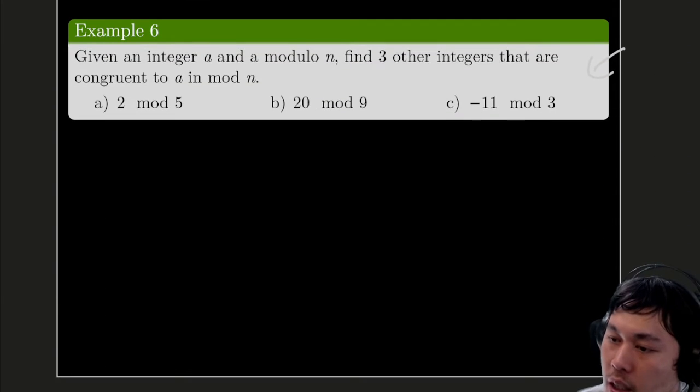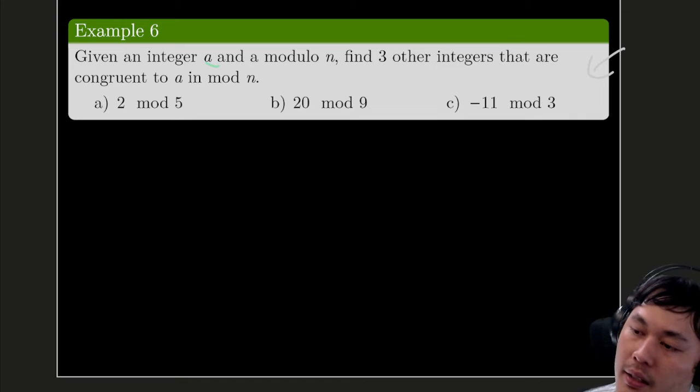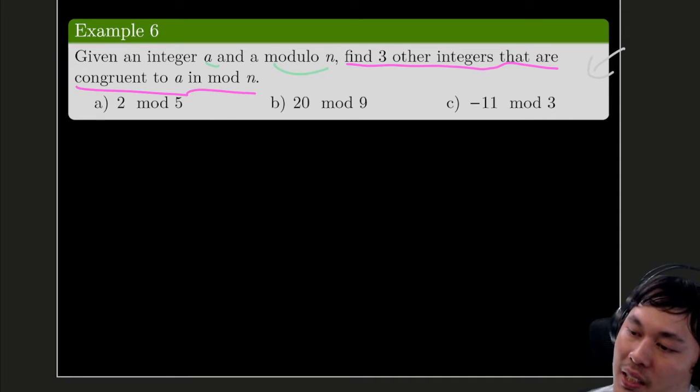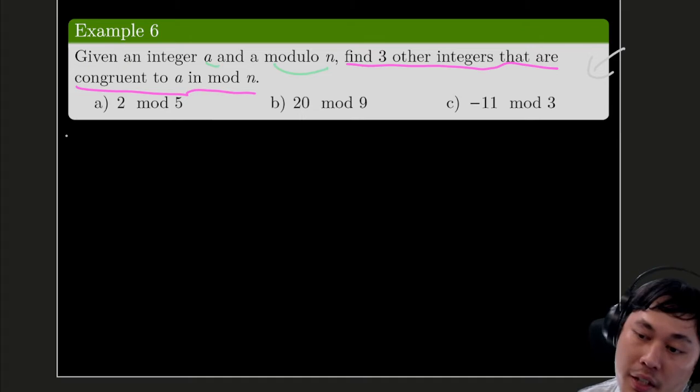So yeah, let's go to some quick examples. Given an integer a and modulo n, find other integers that are congruent to a in that modulo. For the definition we have above, a is congruent to b mod n.